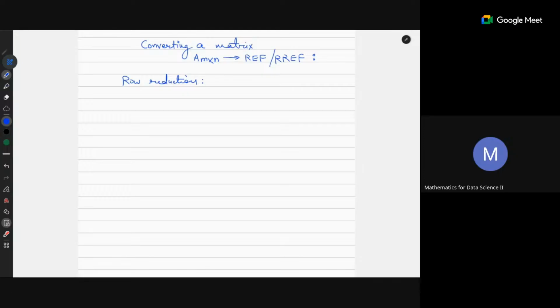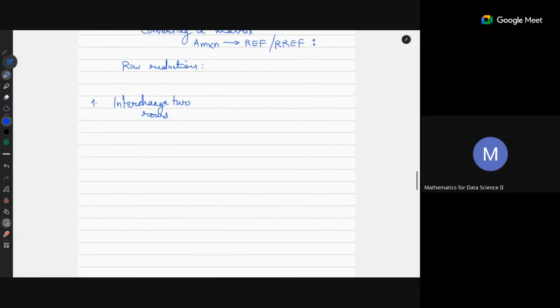Right. So first is interchange two rows. Like in the previous example, we saw that you have a matrix of, let's say, this type.